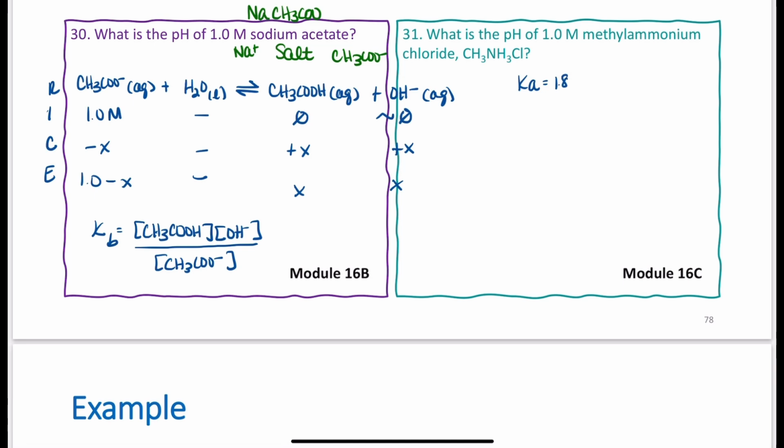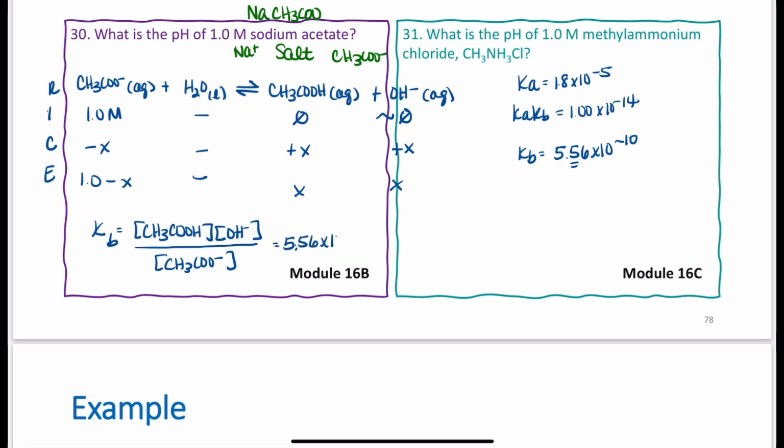The Ka of acetic acid is 1.8 × 10⁻⁵. I know Ka times Kb is 1.00 × 10⁻¹⁴. So I'm going to rearrange that equation, solve for Kb, and I find that my Kb value is 5.56 × 10⁻¹⁰. I'm going to underline where my sig figs are.